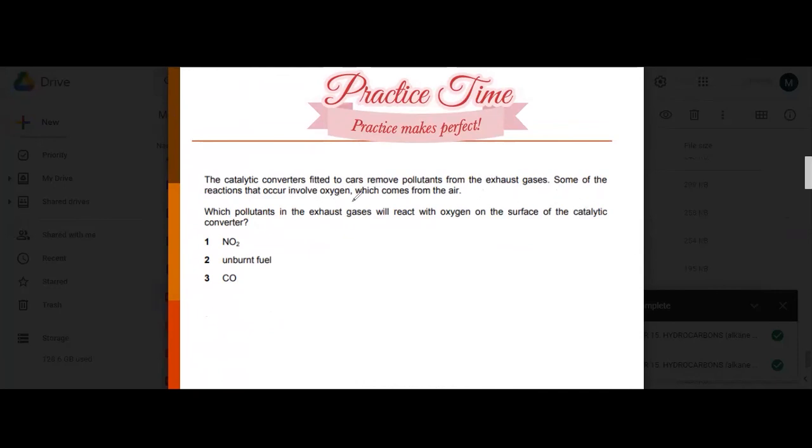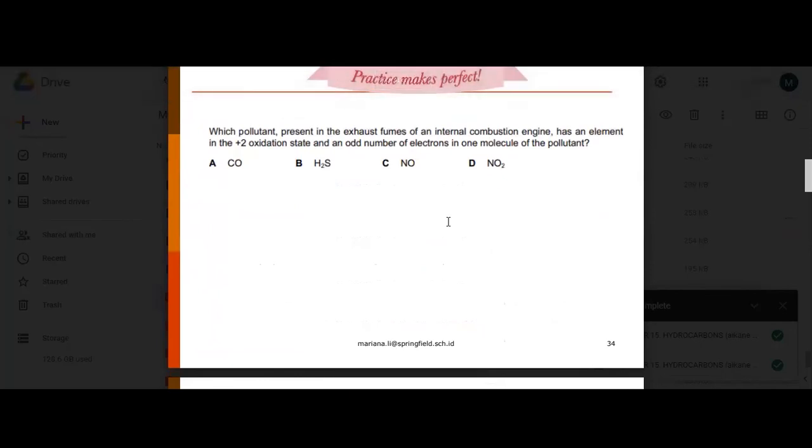Some of the reactions that occur involve oxygen, which comes from the air. These pollutants in the exhaust gases will react with oxygen on the surface of the catalytic converter. NO2 is already oxidized, so it will not react with oxygen. Unburned fuel, yes. CO, yes. So the answer is 2 and 3, C. Next question.